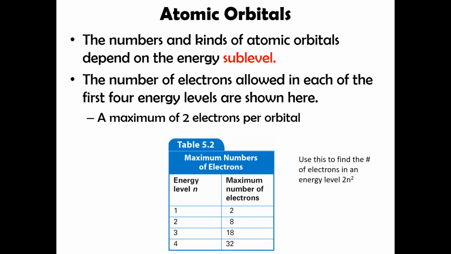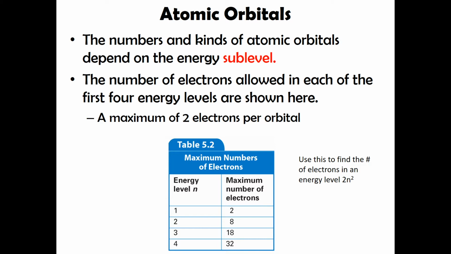The numbers and kinds of atomic orbitals depend on the energy sublevel, not to be confused with subshell. The number of electrons allowed in each of these first 4 energy levels are shown below. So this is important to know.